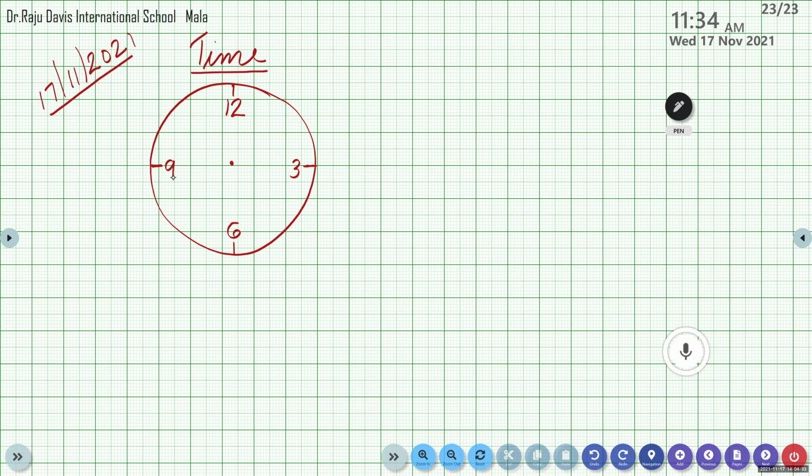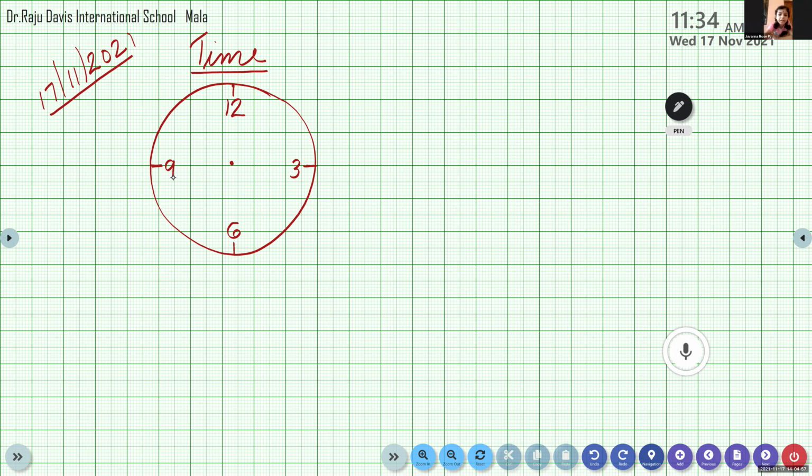Now we are marking the numbers. After that only hands it will come. Then after marking this, what we have to do next? 12 and 3 is middle.